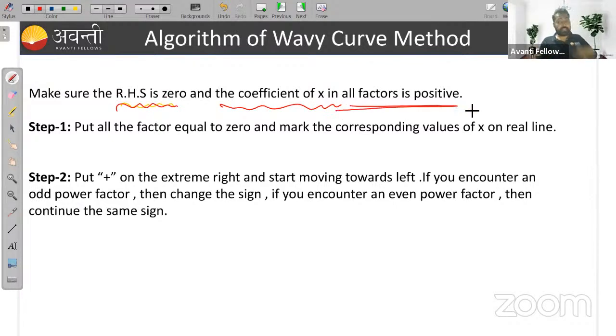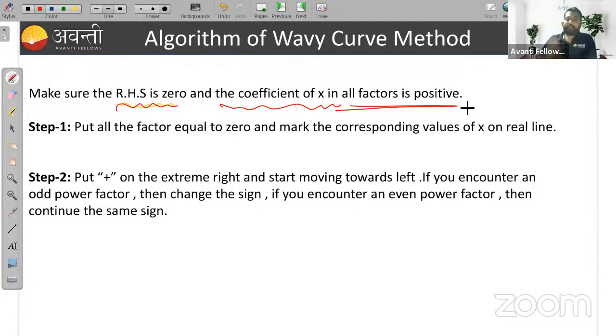If it is in the factorized form, then it is okay. If it is not in the factorized form, if in the numerator and denominator you have a quadratic expression, then factorize it and make sure the coefficient of x in each factor is positive. And the right hand side of the inequality must be 0.